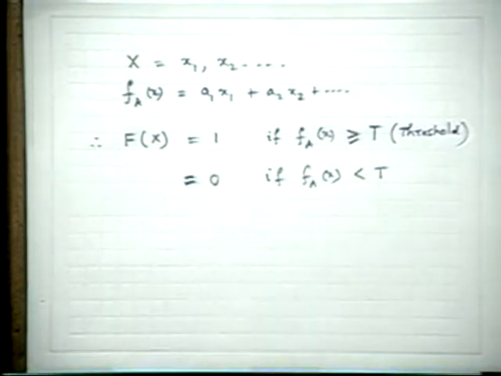This is the basic definition of threshold logic. That means if you have a Boolean function of a set of binary variables, then this function is 1 when another algebraic function constituted by x1, x2, etc., by weighting them properly, is above a certain value, and is 0 otherwise.